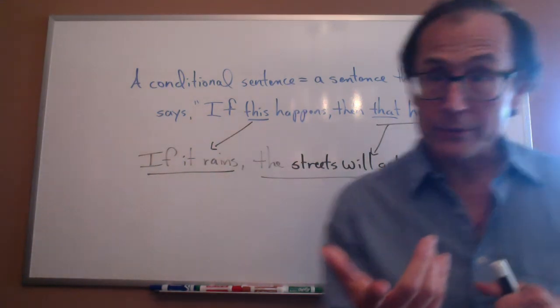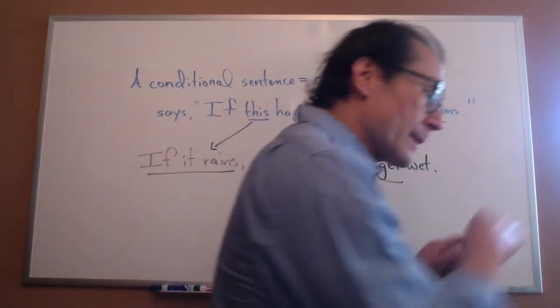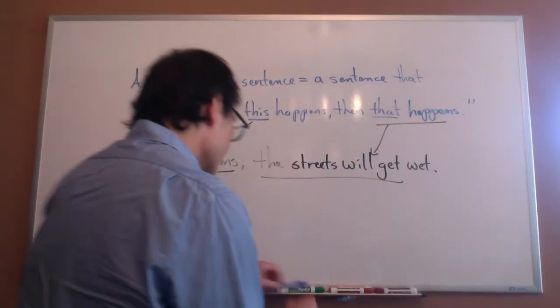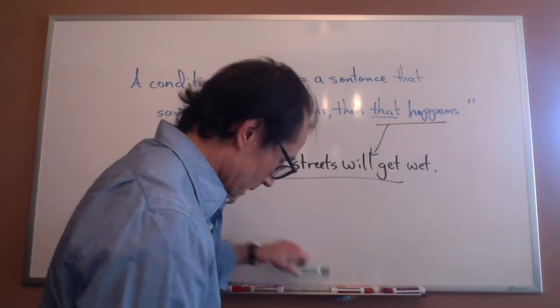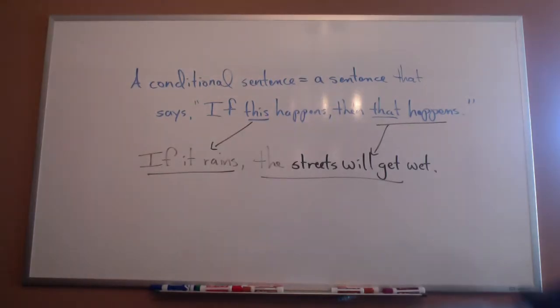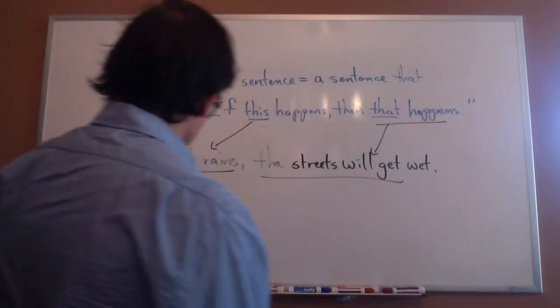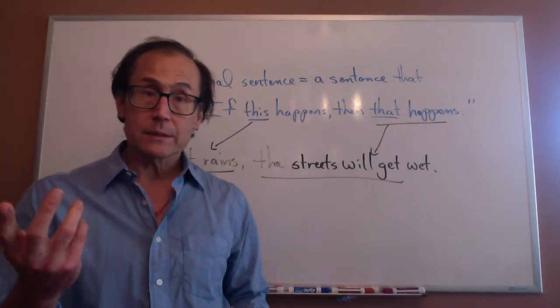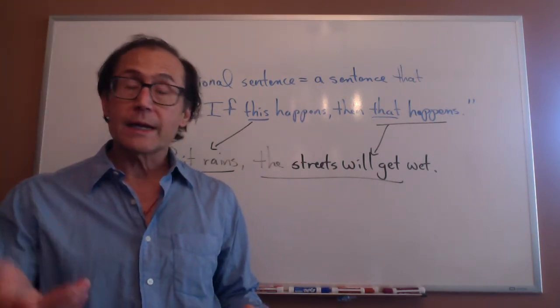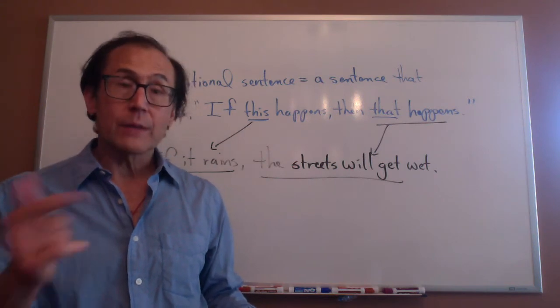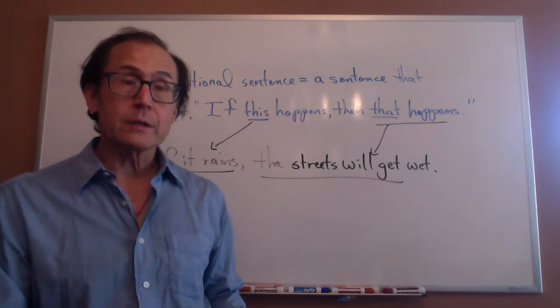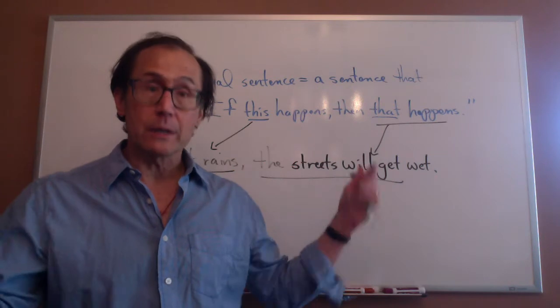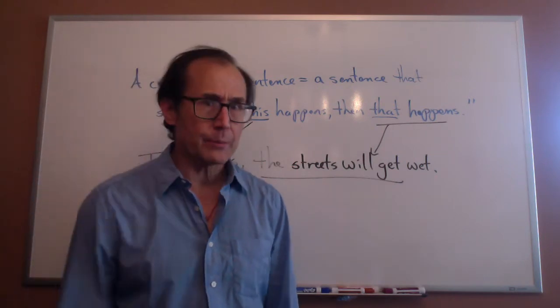Let me give you another example. I might say, let's say that I know that every time my sister goes to the store, she buys milk, okay? She drinks a lot of milk, let's say.